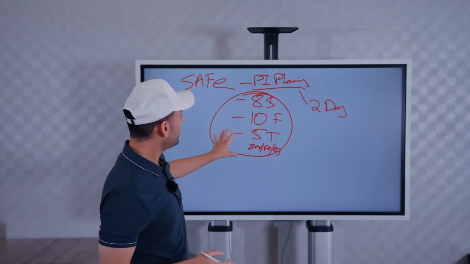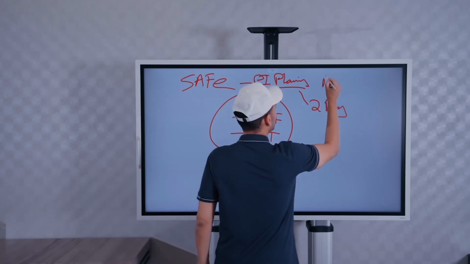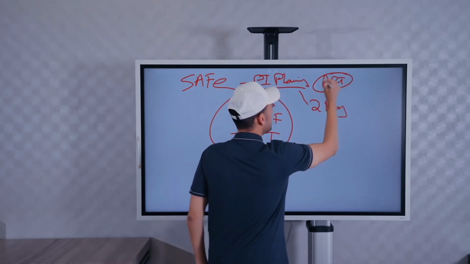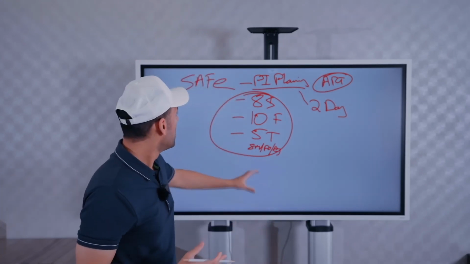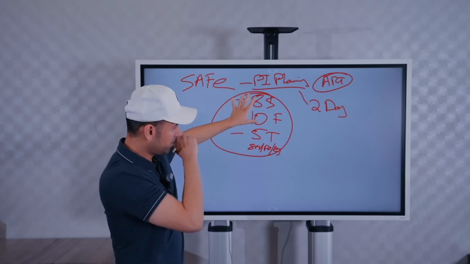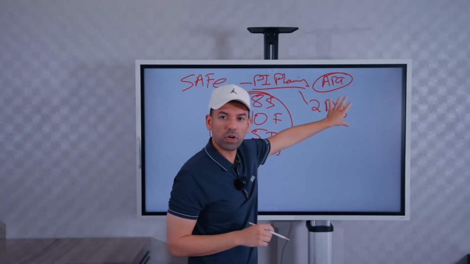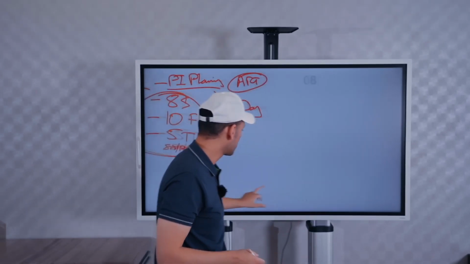But the beautiful thing is that PI planning encapsulates the ART structure. So now we have a wonderful mechanism and a wonderful structure that we can deliver things by. So let me show you how this works. This is the how. You want to know the how. How does this work?